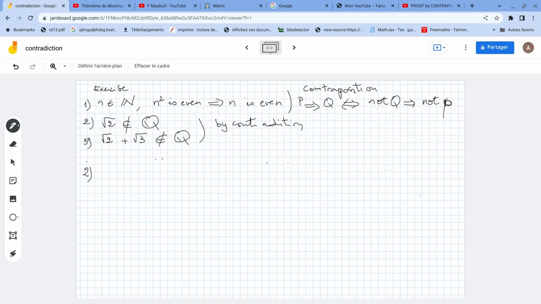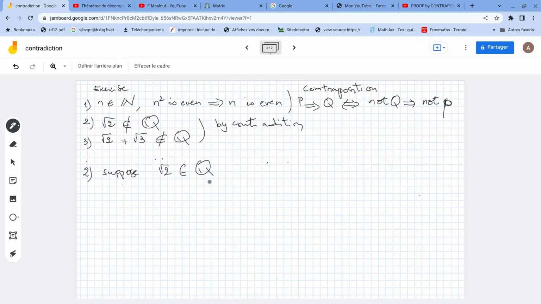Second proposition, I use proof by contradiction. The proposition is: square root 2 is not rational. The negation is: square root 2 belongs to Q, is rational.